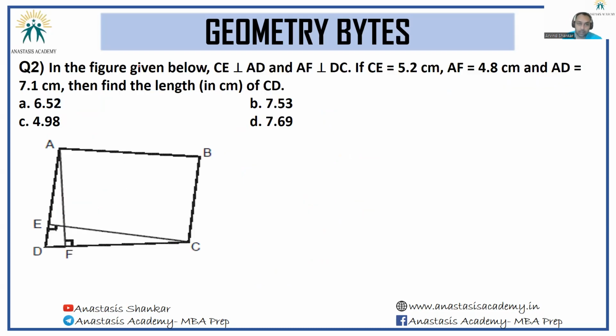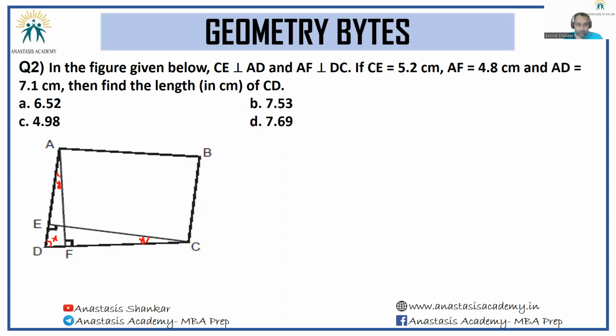Next, in the figure given below, C is perpendicular to AD, AF is perpendicular to DC. If CE is... okay, this is 90, this is 90. If this is X, this is Y, this is Y, because 90, 90, everything I can see.